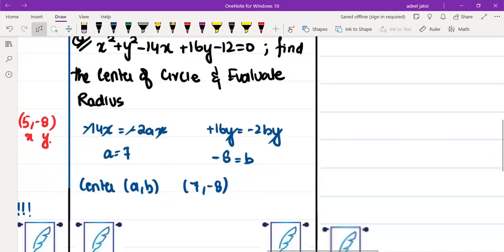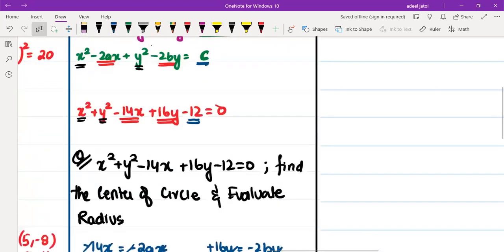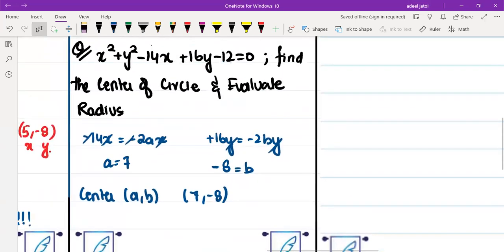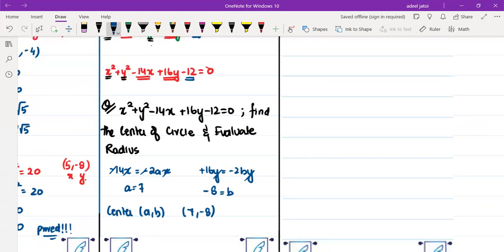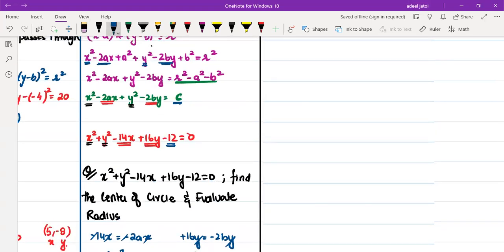Now, knowing that, we can always find your r as well, because r² - a² - b² was C, and the value of C is found when we change the negative value to the other side.